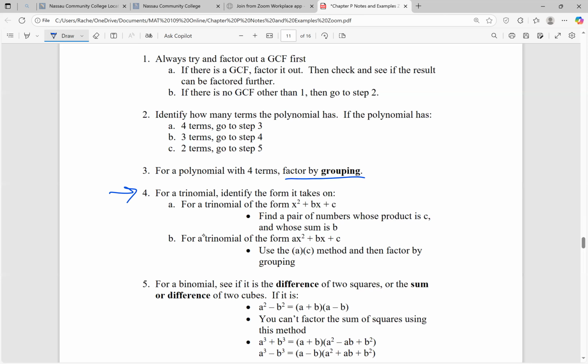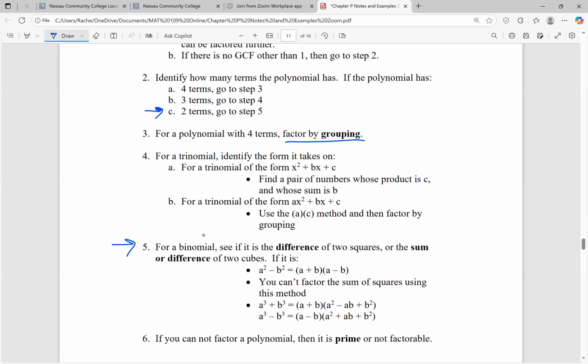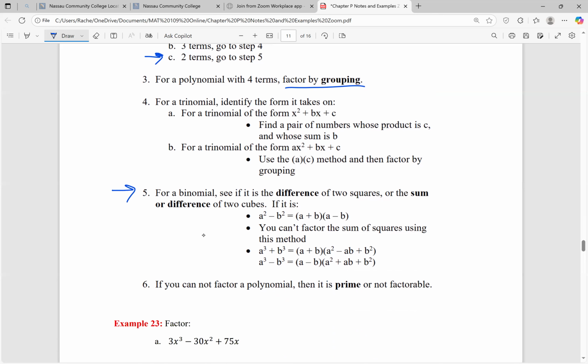If your polynomial has 2 terms, we would go to step 5, which is maybe it's the difference of 2 squares, or maybe it's the sum or difference of cubes. And if it is, you would follow the appropriate factoring method. And remember what we said, if you can't factor a polynomial at all, we just say it's prime because it's not factorable.